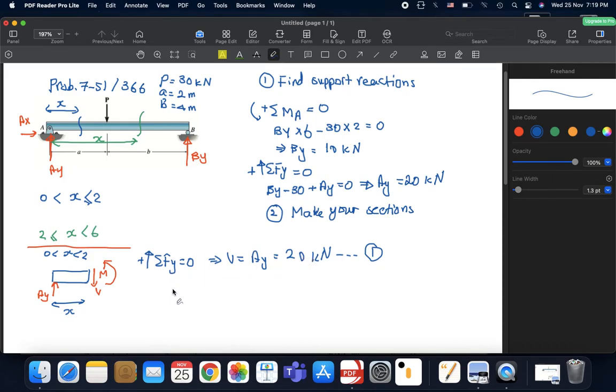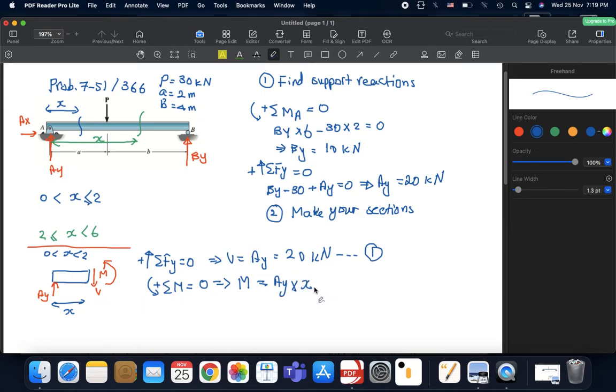Now for moment, you take this direction is positive, summation of moments about this point. I mean, you can give it a name, you can just ignore it. This is 0. So here, as you can see, our moment is going counterclockwise, so it's positive. Bending moment is positive, this equals AY multiplied by this distance, which is x. We don't know what that distance is.